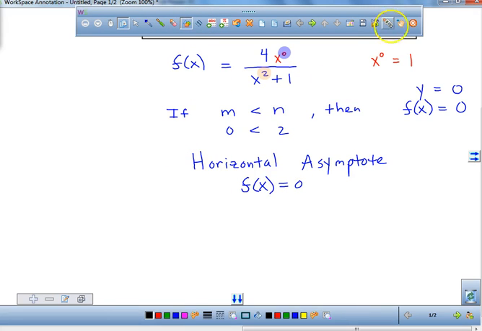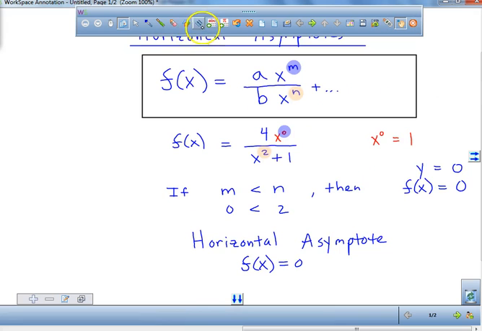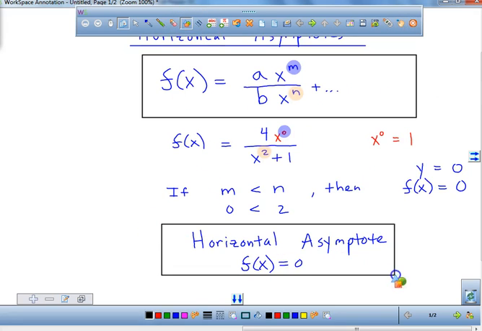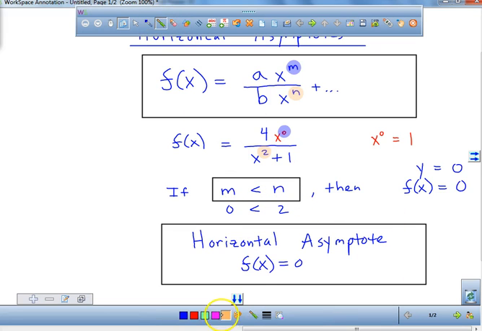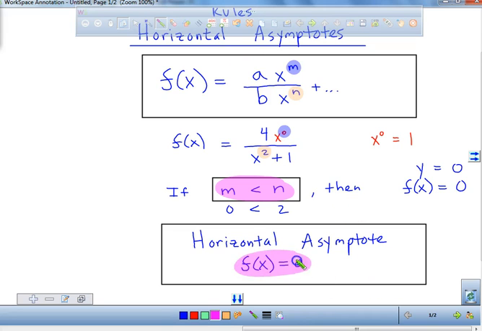So this is the situation where your horizontal asymptote is at y equals 0, if m is less than n. If you have this situation and you have a rational function, then f of x will equal 0.